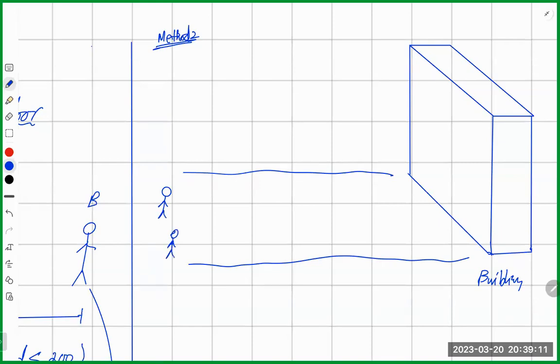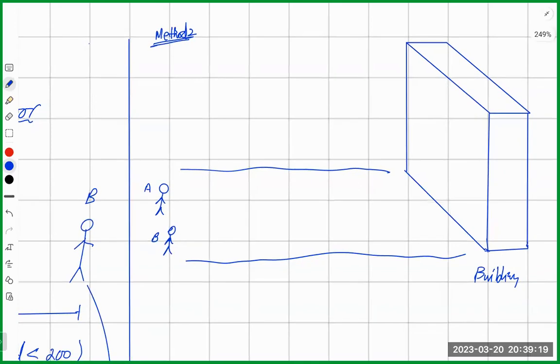This is B, this is A, and this is distance D. D should be between 100 and 200 meters.